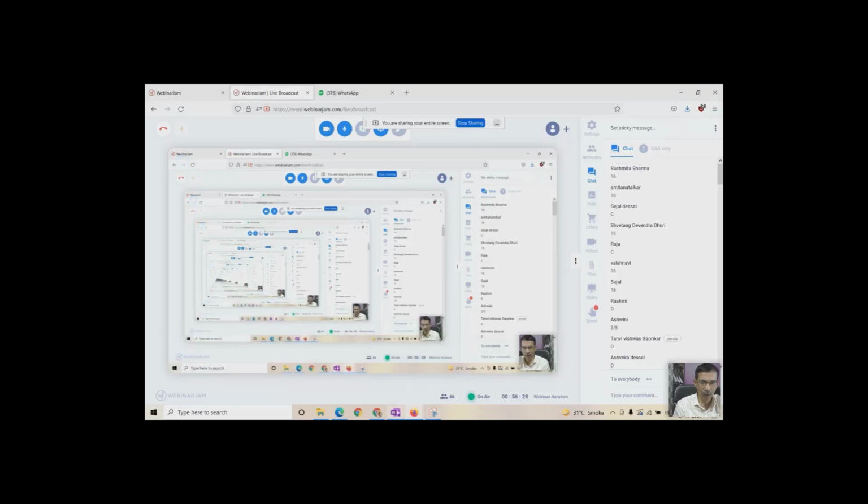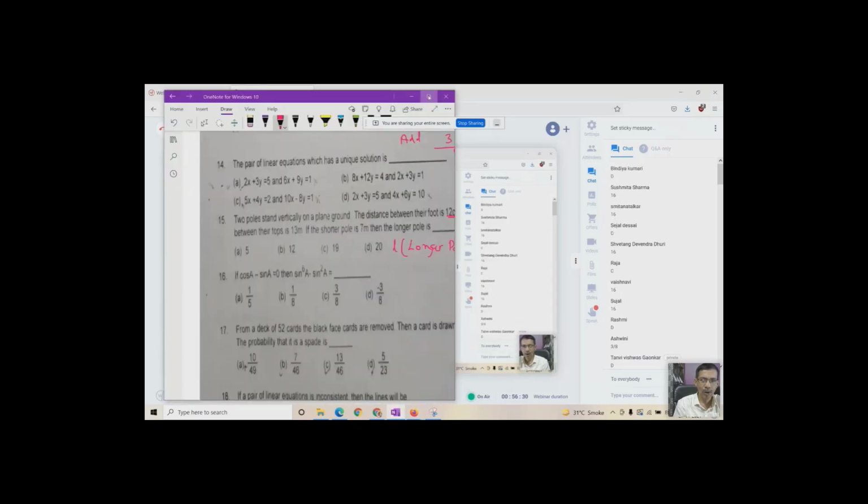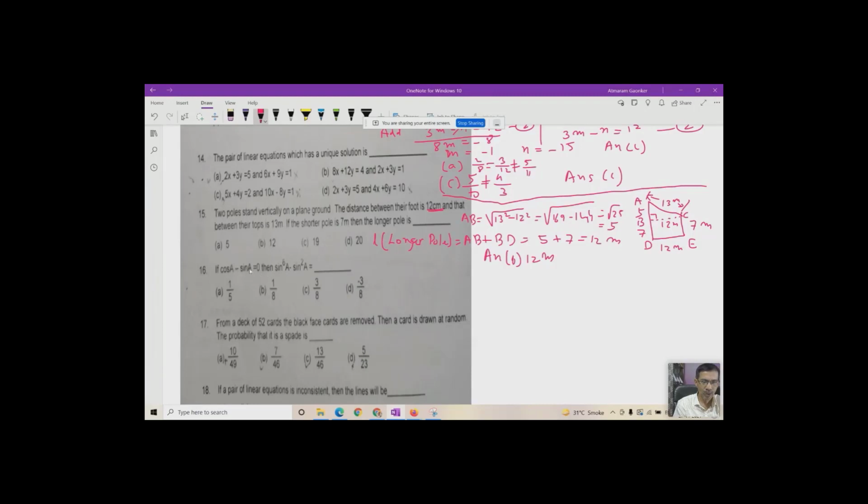Okay, let me solve for you. Here given is cos A minus sin A is equal to 0. I will transfer sin A that side. So this will be cos A is equal to sin A. And for which angle A are both ratios cos and sin equal?